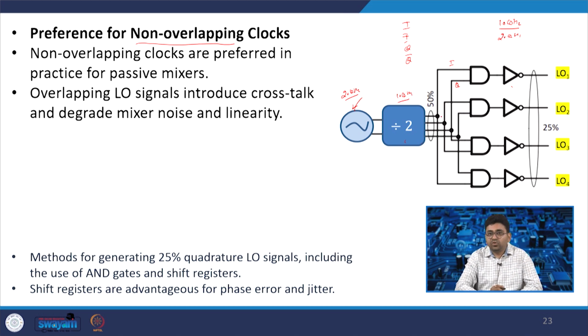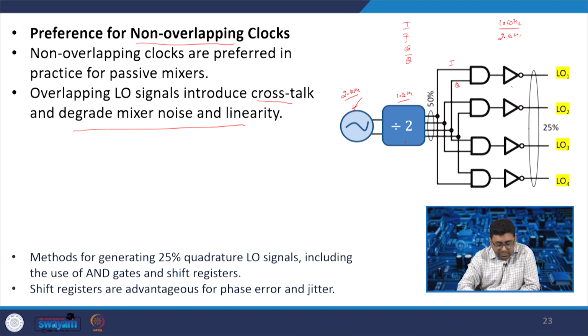Again, you also need a very high speed inverter, which also reduces the performance, or there is a possibility that after a certain frequency you will not get a non overlapping 25 percent duty cycle signal. So, what is the effect? Ultimately it will reduce your conversion gain. That is why overlapping LO signals introduce crosstalk and degrade the mixer noise and linearity.